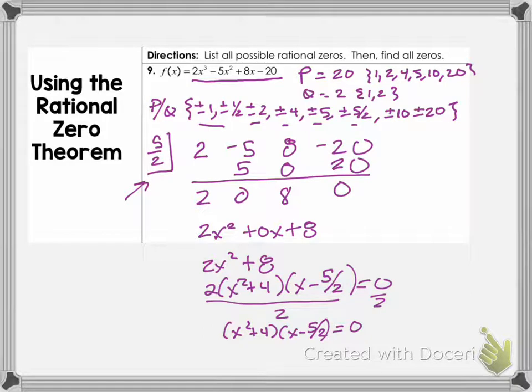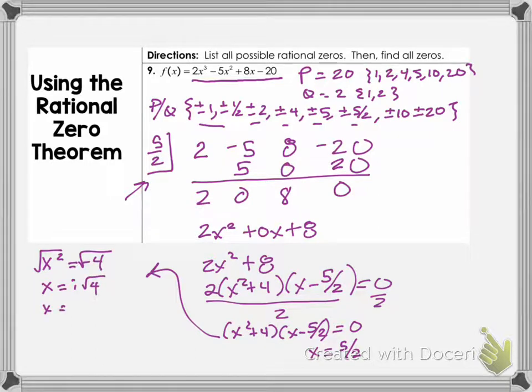Now, this one would just be x equals 5/2, positive 5/2. This one, I'm gonna go over here. I get x squared equals negative 4 when I set it equal to 0. So there's x equals, take the square root of both sides, square root of negative 4.